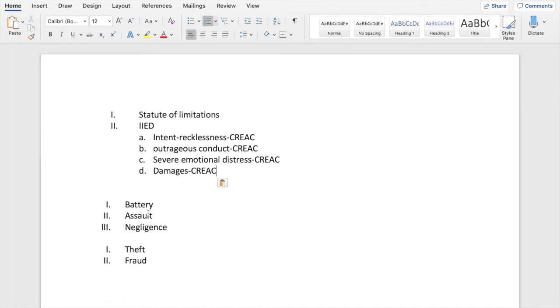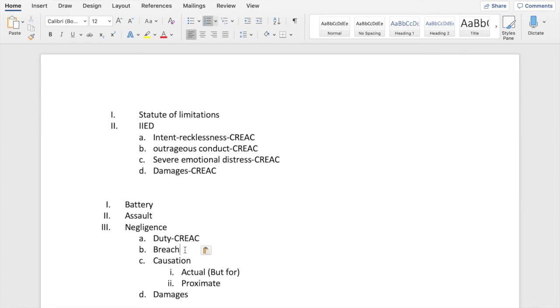So likewise, each of these, battery, assault, negligence, have multiple elements. Just as an example, negligence: we've got duty, breach, causation, and damages. And causation is typically also further subdivided into actual or but-for causation, as well as proximate causation.